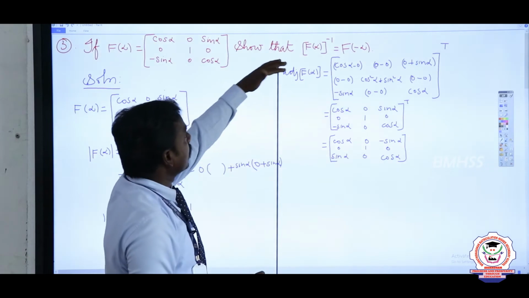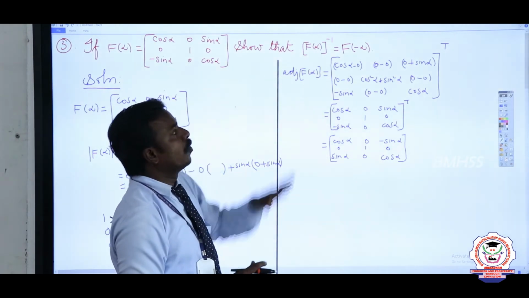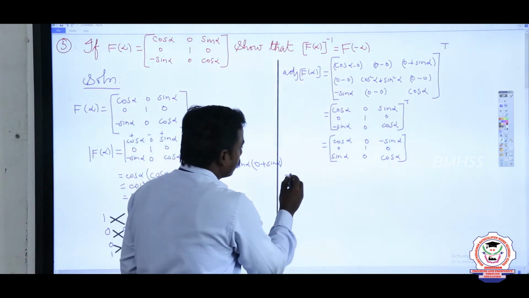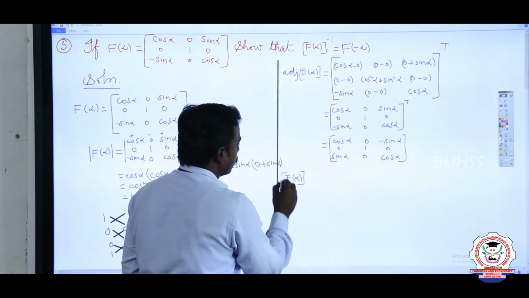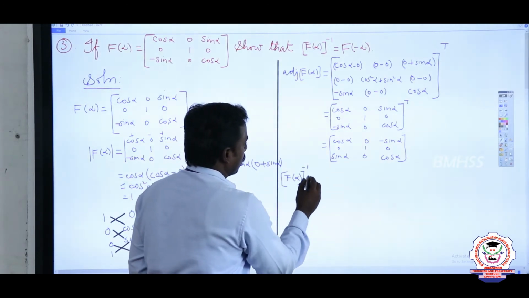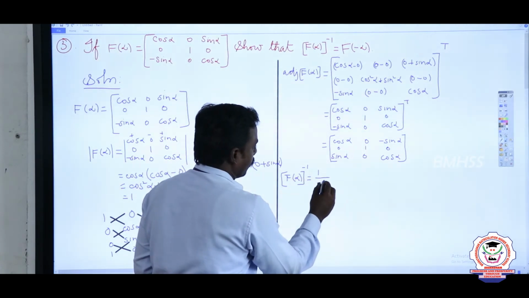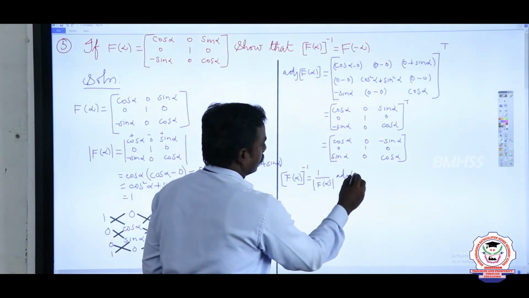In the proof, the left hand side is f of alpha whole inverse. I am going to find the inverse: f of alpha whole inverse equals 1 by determinant of f of alpha into adjoint of f of alpha.